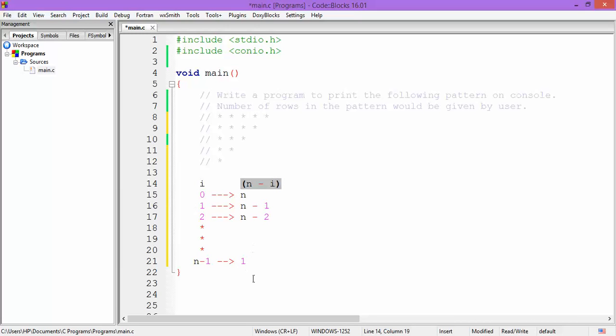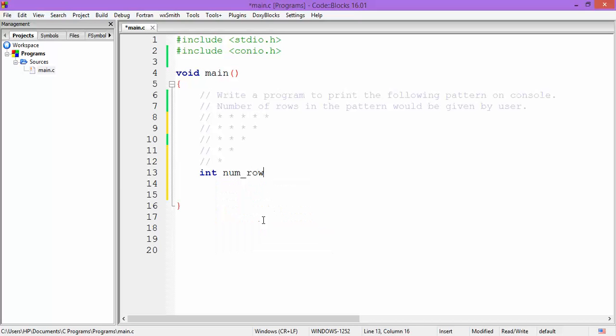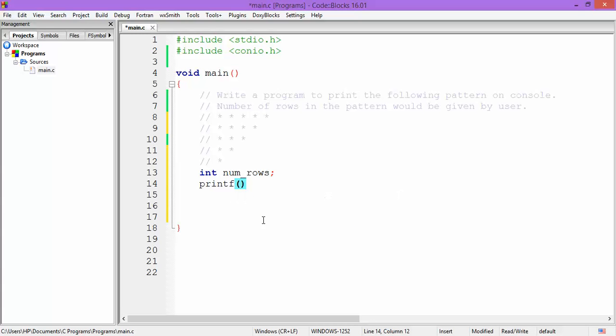Now with that in mind, let us go ahead and write the code. So first of all, we would prompt the user to enter a number. For that, we would declare a variable, say num_rows, and we prompt the user to enter number of rows.